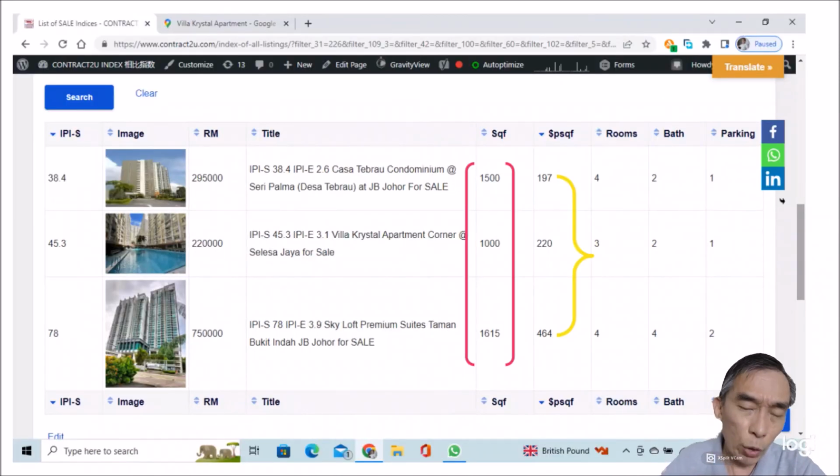So let's say we go back to the earlier discussion about using this IPI in Johor for the strata building for subsale. It is also similar to comparing the per square feet of the living space. As I explained earlier, you can refer to earlier video recordings on this aspect, to highlight to you that the total benefit of buying a property is in fact a consideration for a long-term investment.